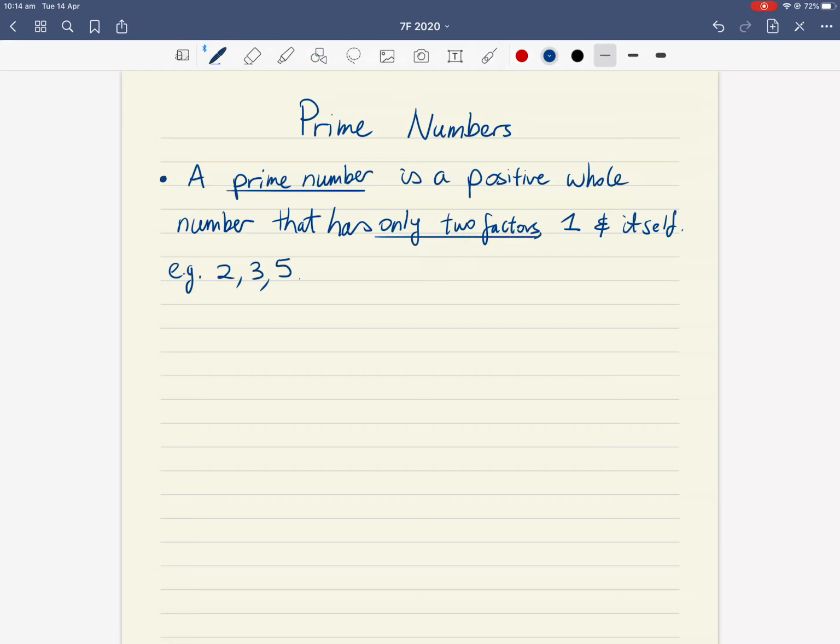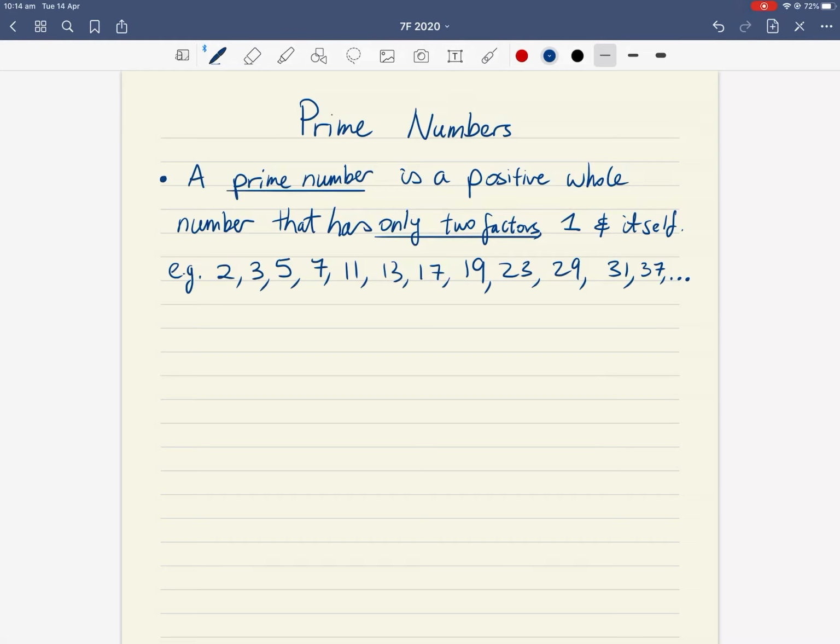So the next prime number after 3 is 5, and then 7, and then 11, 13, 17, 19, 23, not 21 because 3 times 7 is 21, 29, 31, not 33 because 3 times 11 is 33, 37, etc. And it goes on forever because there are infinitely many numbers in our number system.